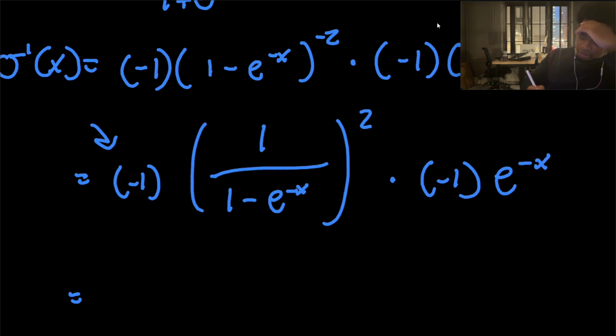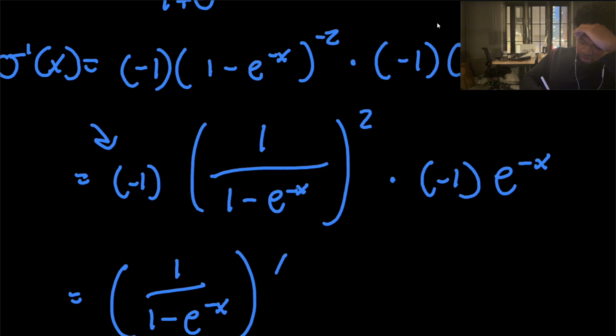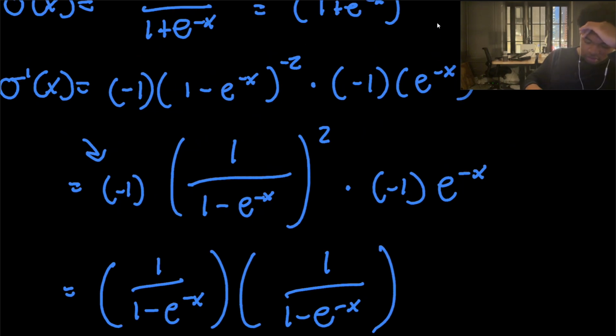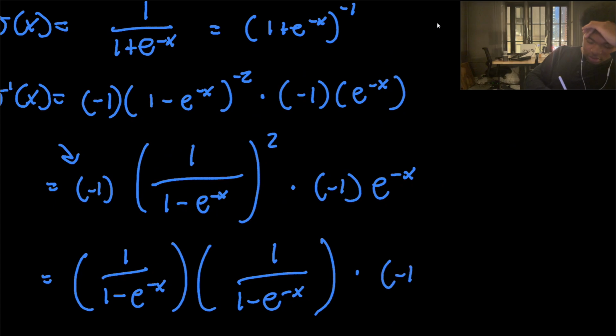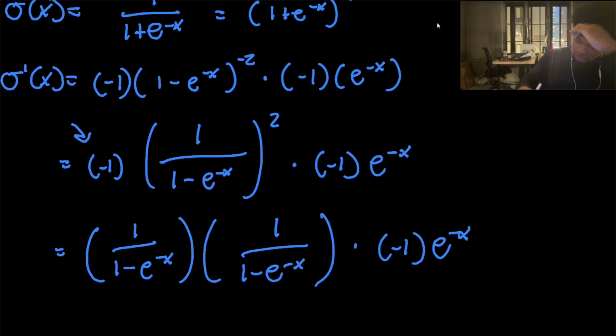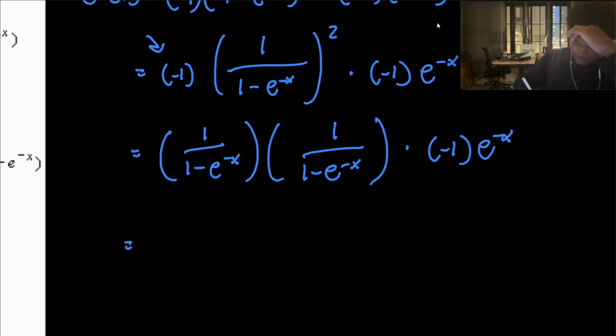So now I explode it, and I have 1 over 1 minus e to the -x times 1 over 1 minus e to the -x times -1 e to the -x, which is equivalent to, oh no, don't forget the -1. Okay, which is equivalent to -1, 1 minus e to the -x.